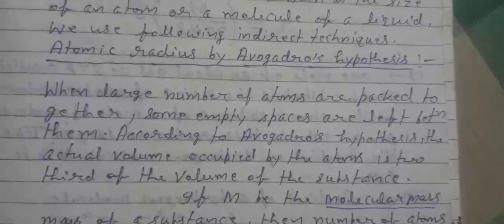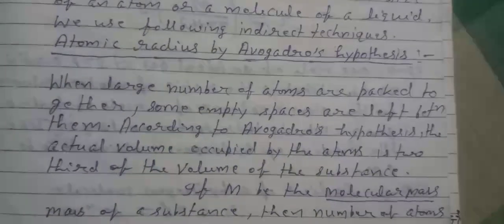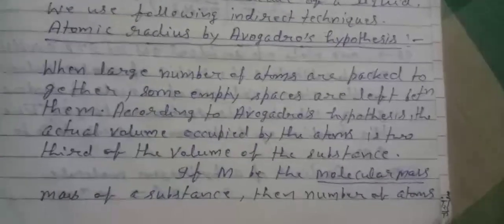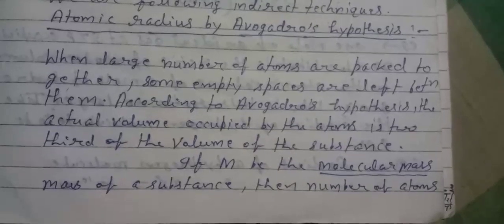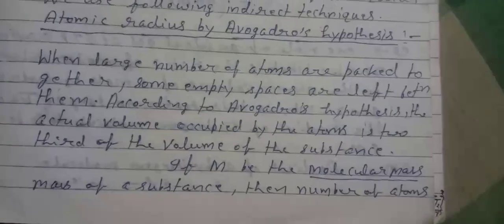When a large number of atoms are packed together, some empty spaces are left between them. According to Avogadro's hypothesis, the actual volume occupied by the atoms is 2/3 of the volume of the substance.